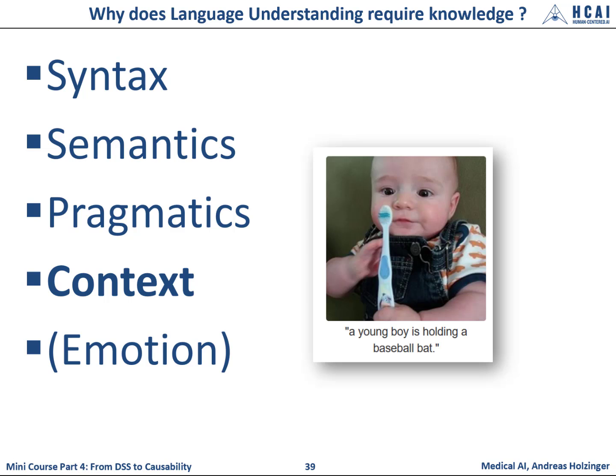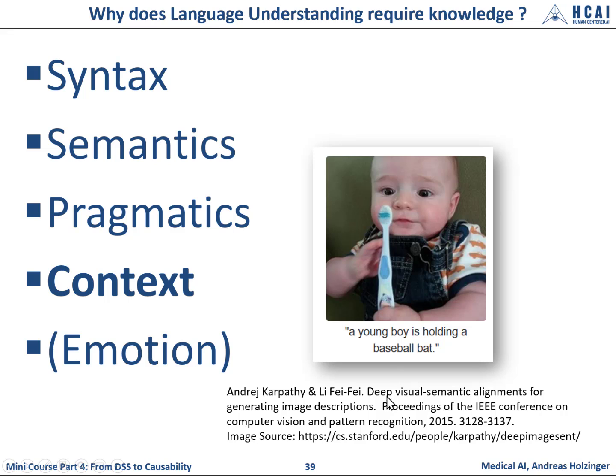Yeah, and here a classical example from Stanford. This was misclassified from a video surveillance camera, and this caused a police emergency Einsatz, and the police came and thought there's a young boy holding a baseball bat, instead of a baby holding a toothbrush.